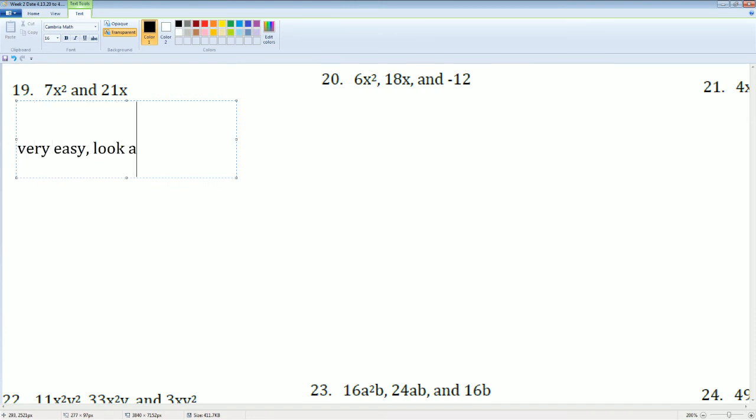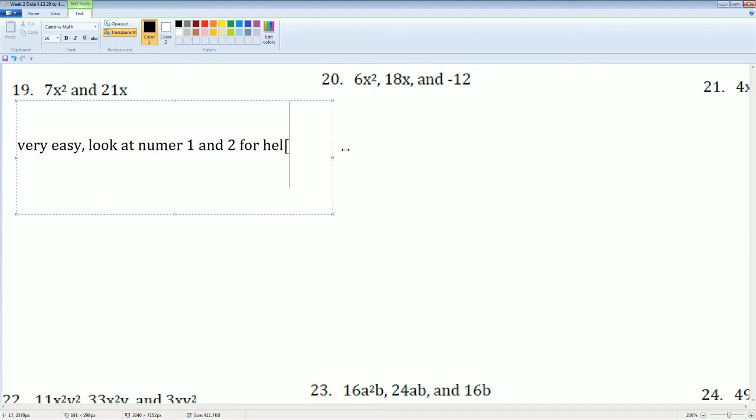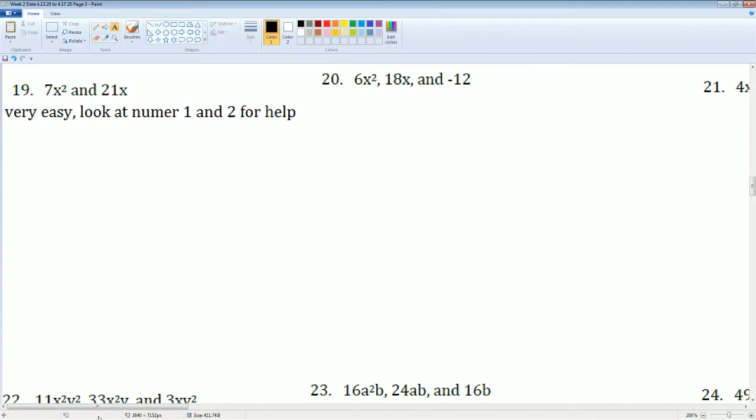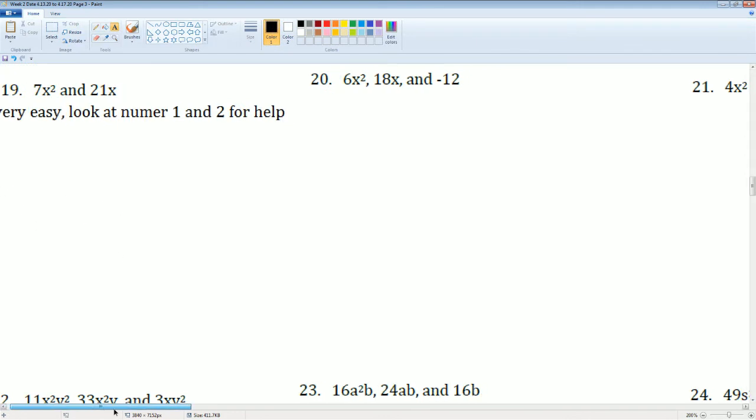Look at numbers 1 and 2 for help. Okay? That's what I'm going to tell you for 19. Okay? I will show you 20 though.